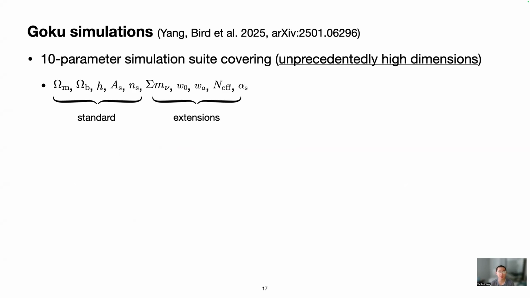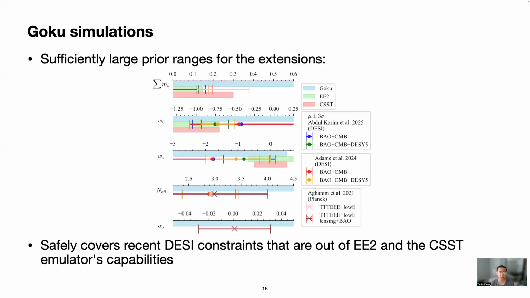Then let me introduce the Goku simulations. It is a 10-parameter simulation suite covering all the aforementioned extensions: the massive neutrinos, w0, wa, N_F, alpha_s, and it has sufficiently large prior range for the extensions.